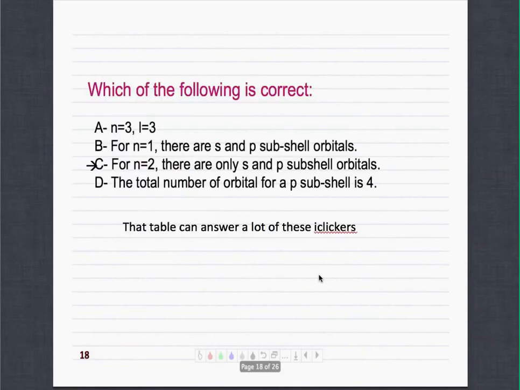Okay. So I'm going to stop it right here and check what you think. So I have C. C is the right answer. So let's see how come.